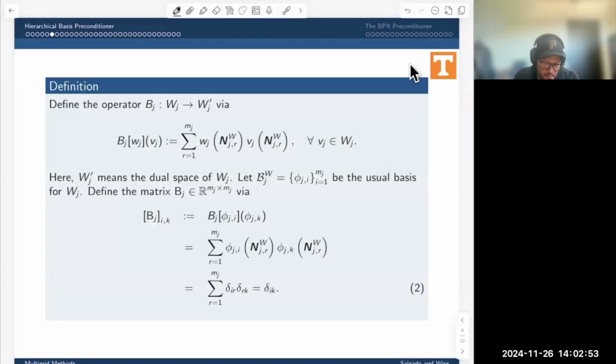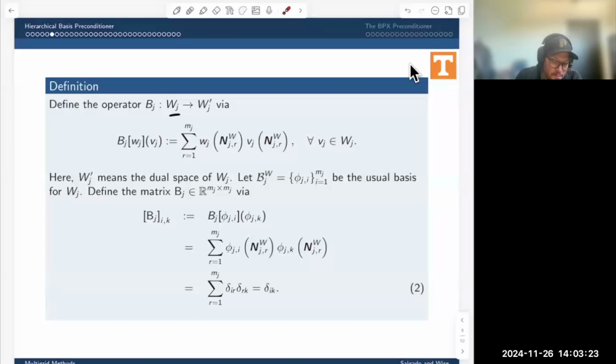Okay, so here's the way this operator works. If I take a function from WJ, I can turn that into what's called a functional, in fact, a linear functional, for all of the functions in WJ.